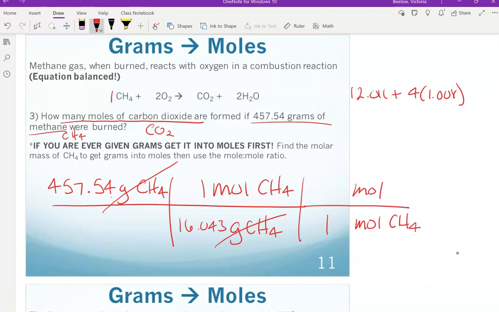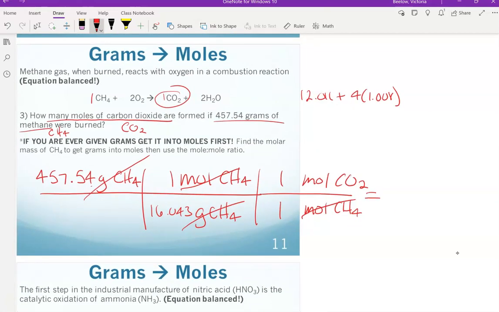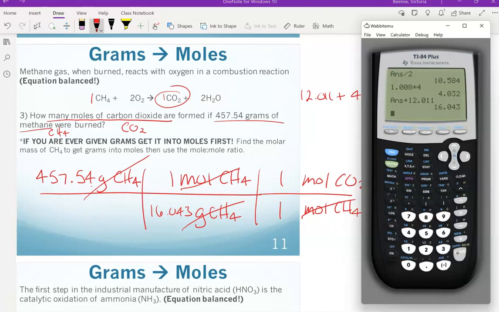And then above it is going to be what I want my answer in, which is moles of carbon dioxide. And moles of carbon dioxide also happens to be 1 mole as well. And sometimes that happens where it's a 1-to-1 ratio. So my units cancel. I'm just left with moles of carbon dioxide, which is what I wanted my answer in.